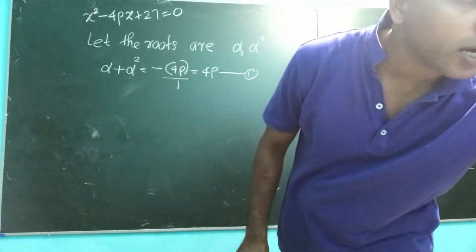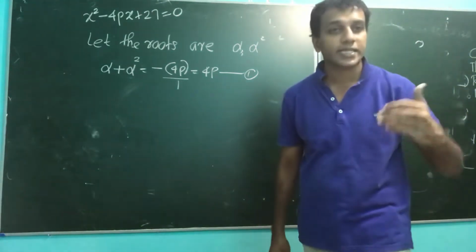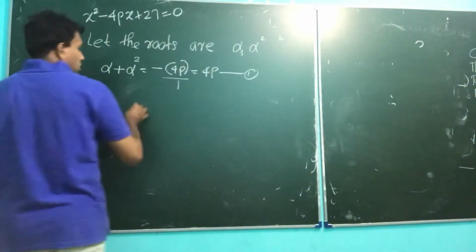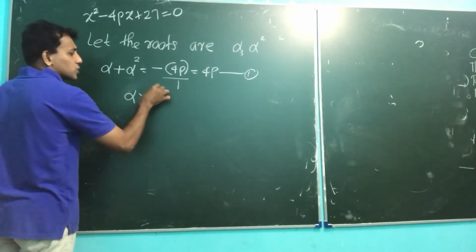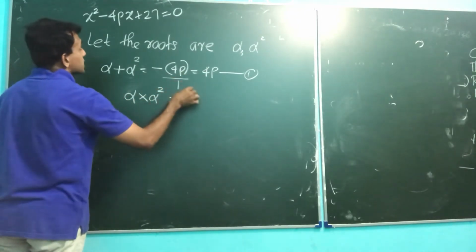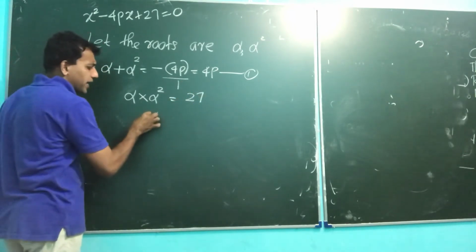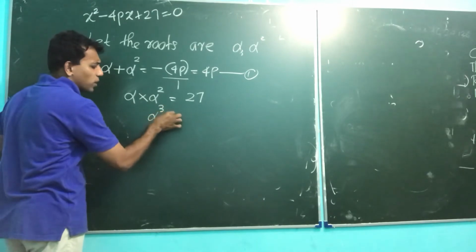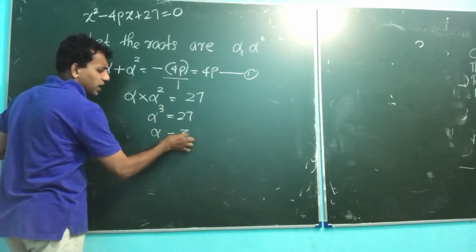Alpha into beta is c over a. One root is alpha, the other root is alpha squared, and the answer is c over a. Using indices, alpha cubed is 27. So what is alpha? Alpha is 3.